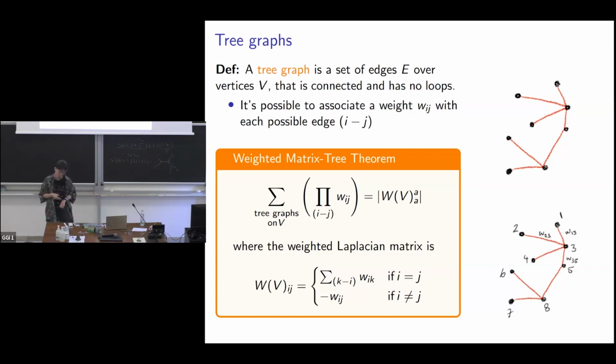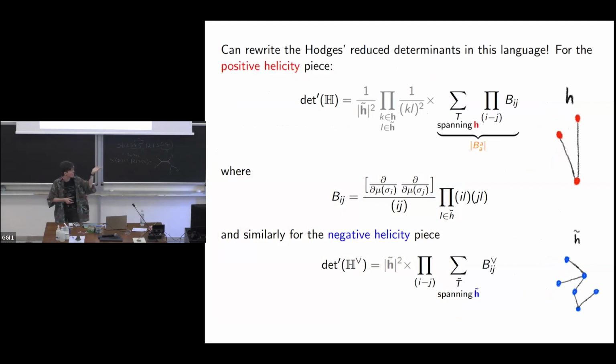So this should be ringing some alarm bells from 3 slides ago, because we just saw an object just like this. And in fact, part of the original derivation of this object was kind of like this. But we can actually rewrite our Hodges reduced determinants in this language as a prefactor and then a sum over trees spanning, for example, the positive helicity gravitons with some associated weight in this way.